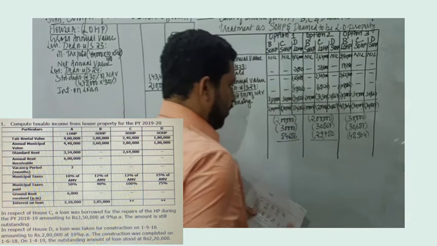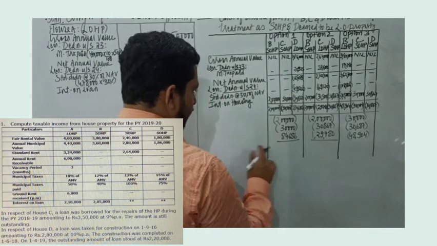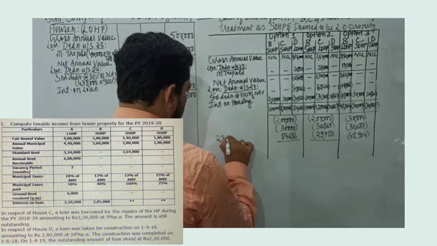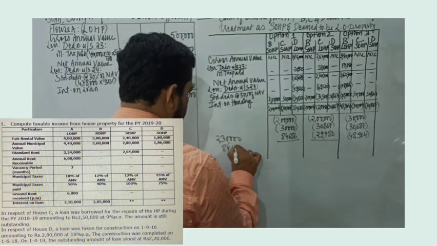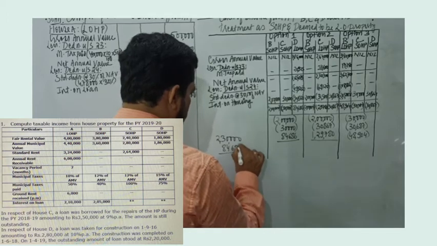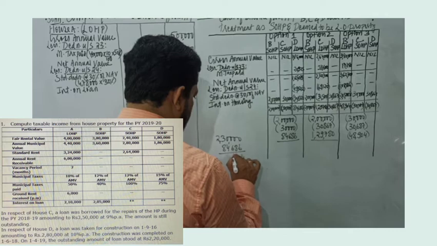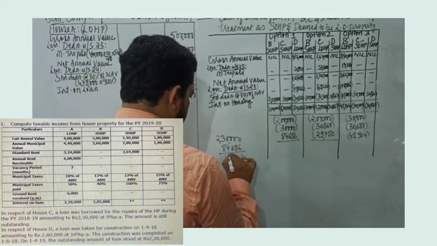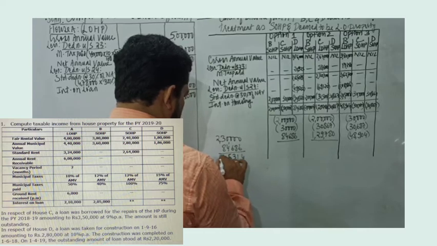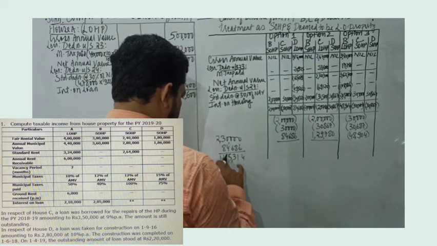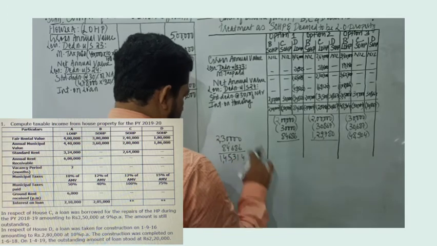So we have to find out how much is the value. This is 2,30,000 minus 84,686. So 2,30,000 minus 84,686, that would be 1,45,314.